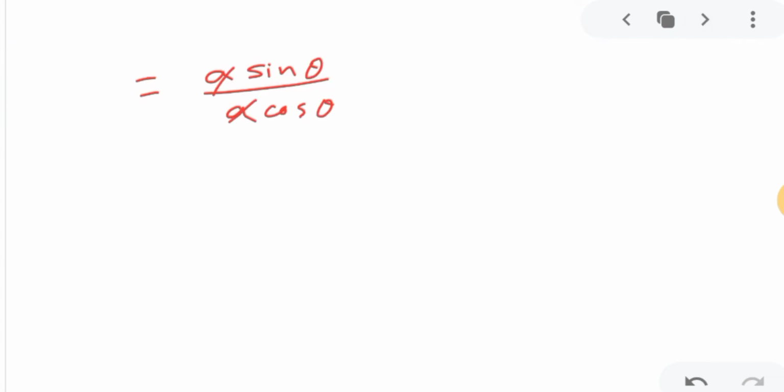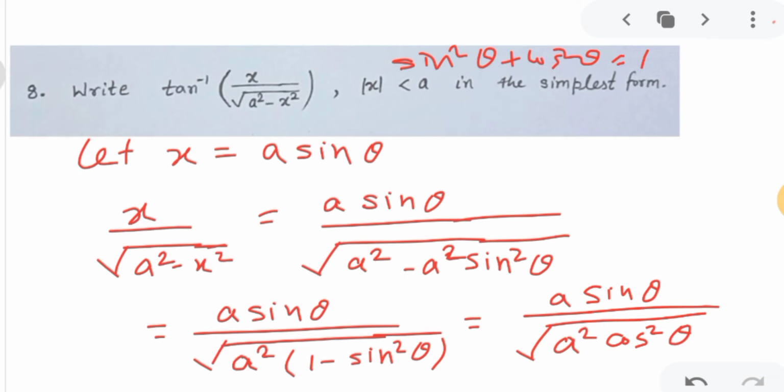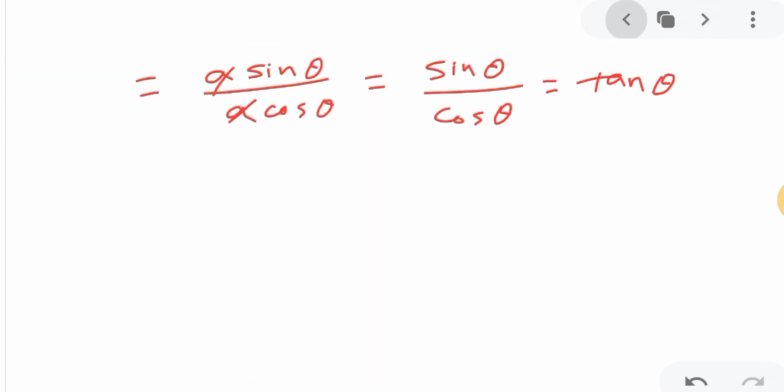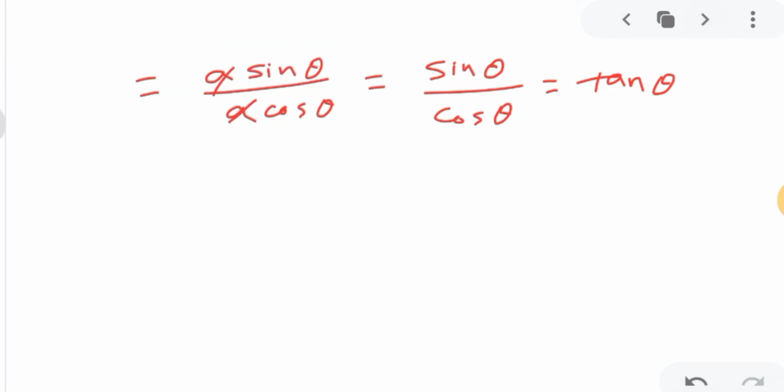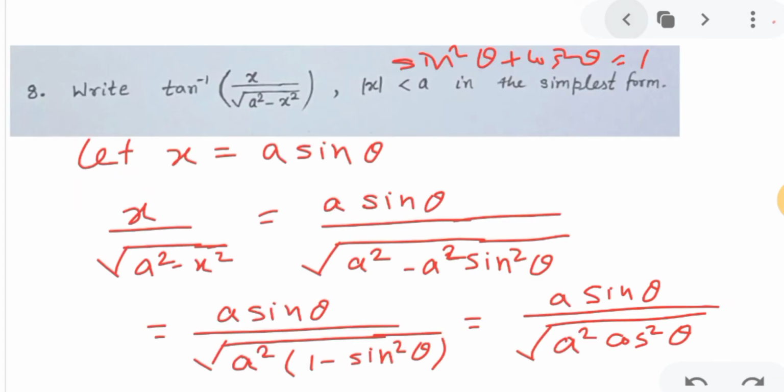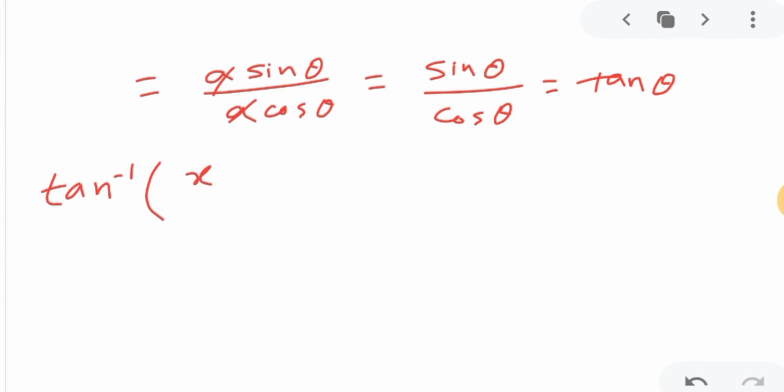So this a got cancelled, so it became sin theta upon cos theta, and sin theta upon cos theta we know is tan theta, correct? So ultimately this term we got as tan theta. So I will write tan inverse of x divided by square root of a square minus x square.